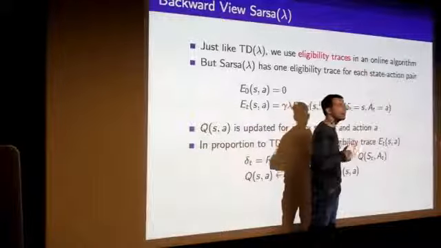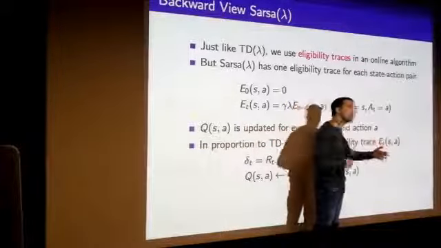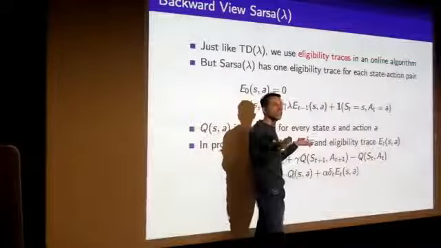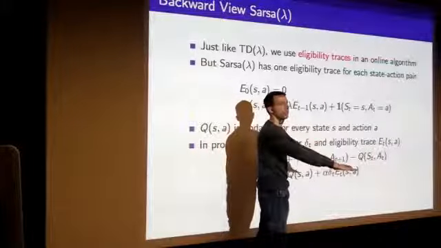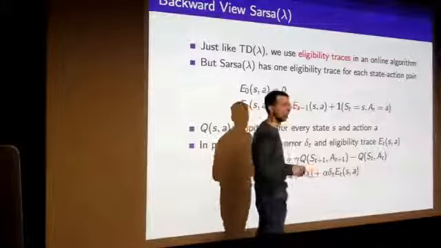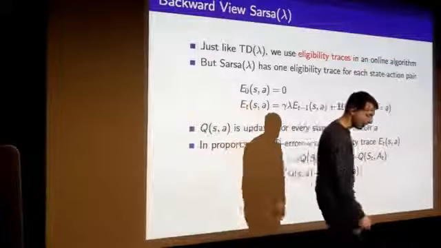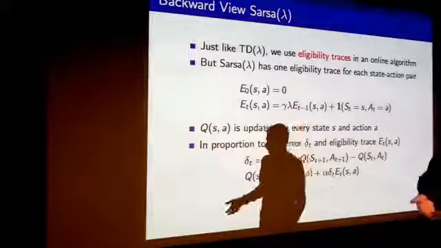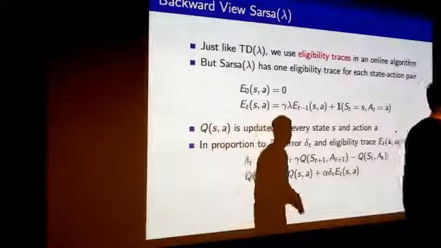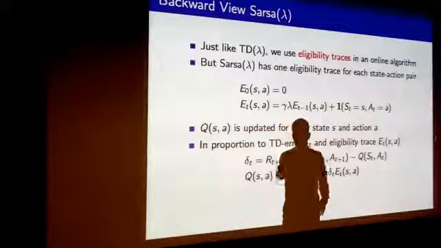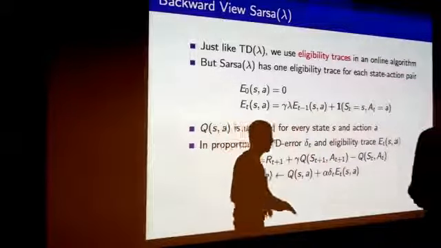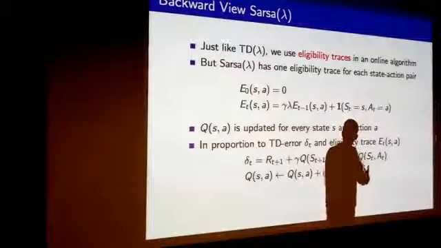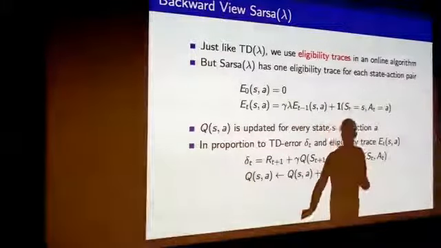So if I actually see that particular state action pair, I increase my trace, and then every step for all state action pairs, even the ones we don't visit, we decay them a little bit over time. If I keep going around and every time I revisit this state I bump up my eligibility, and over time it decays until I get back there again, and then it bumps up again. And then if I receive my carrot, whatever the latest eligibility is, that's how much blame I'll put on that particular state.